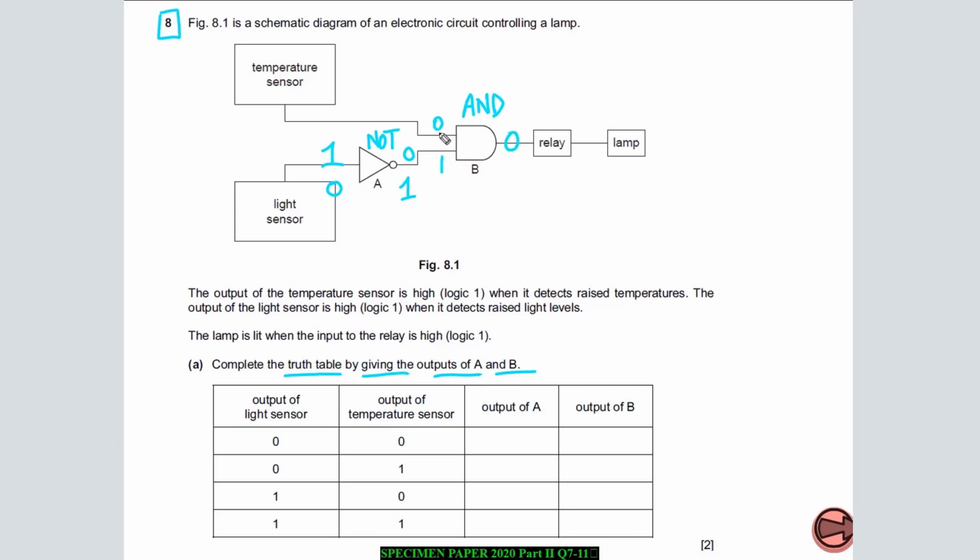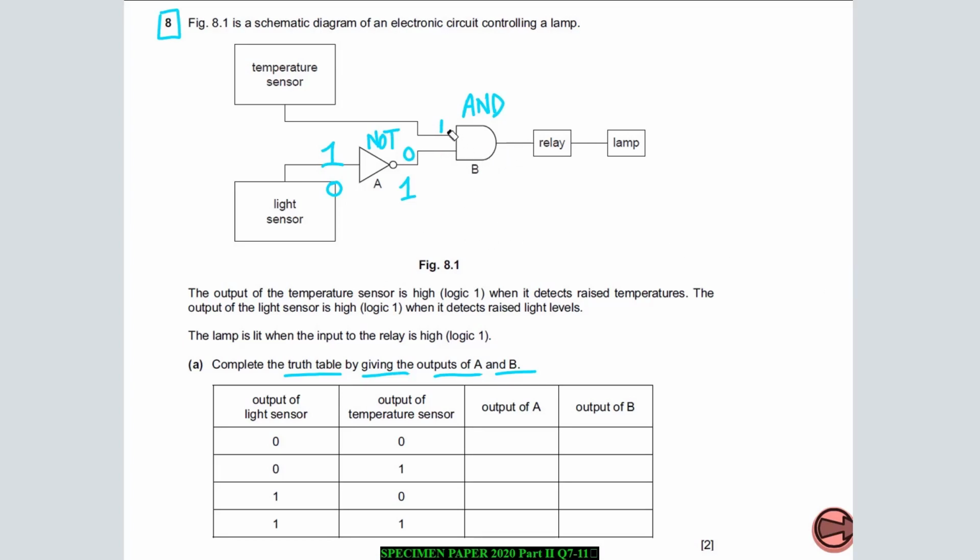If this input is 1 and the other input is also 1, only then its output will be 1. So this thing we need to understand.